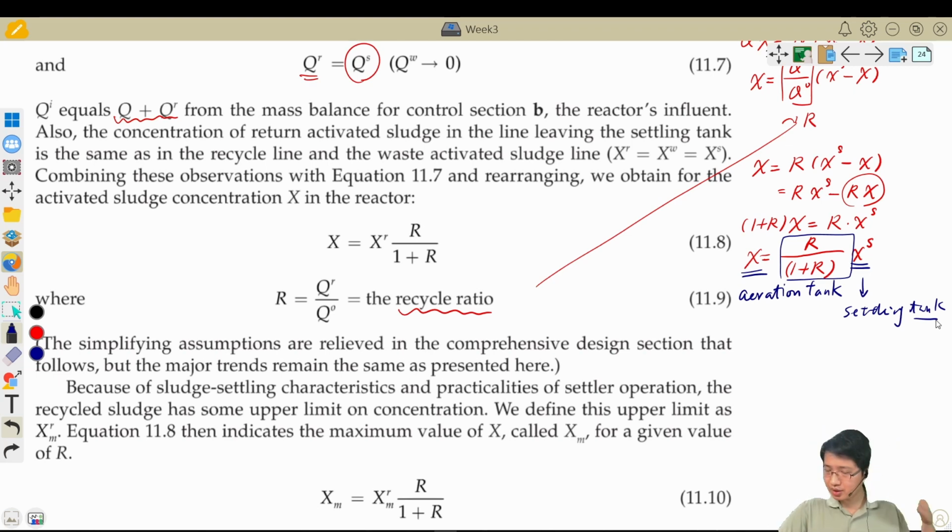That's why those two factors affect your biomass concentration in your aeration tank.